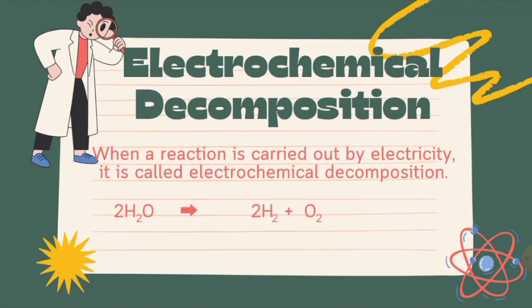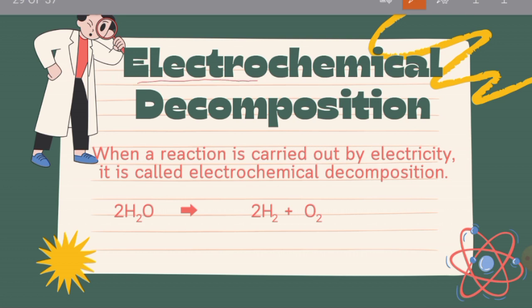Then the last one is electrochemical decomposition. Again, the word electro suggests that this is carried out by electricity. See, if you take a water molecule H2O, when in the presence of electricity, you will get hydrogen and oxygen separately. So this reaction is called electrolysis of water.